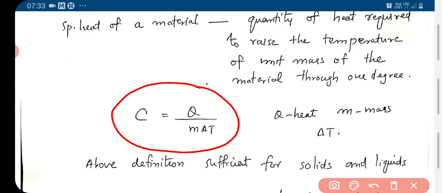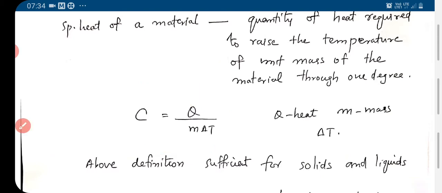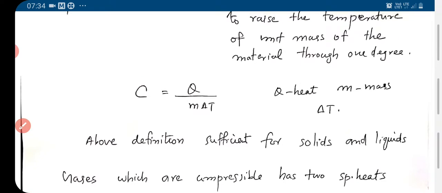This definition is actually sufficient for solids and liquids, but for gases we have to define something more. We can supply heat to a gas at a constant pressure and at a constant volume.